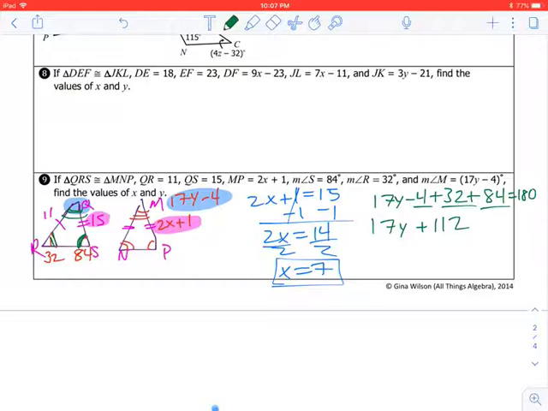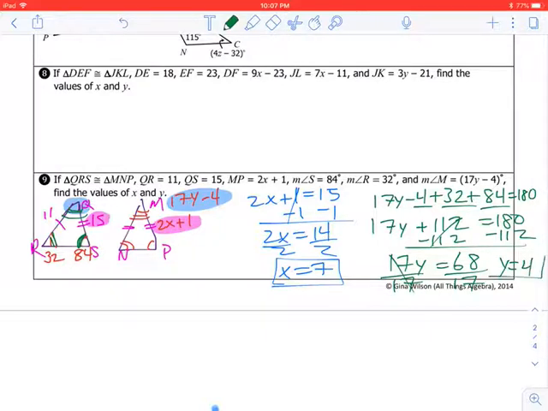Yeah, 116 minus 4 is 112. And then we go ahead and solve. So 112 subtracted from both sides. I get 17y equals 68. And so when I divide by 17, I get y equals 4. And there's my x and y.